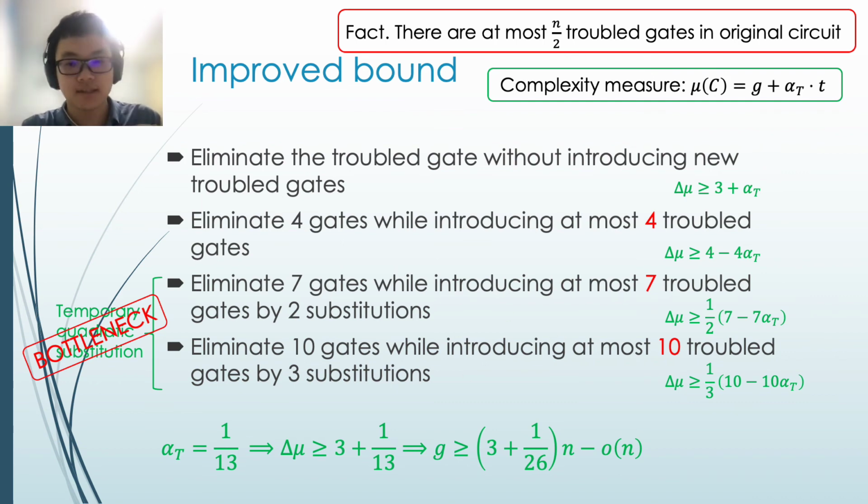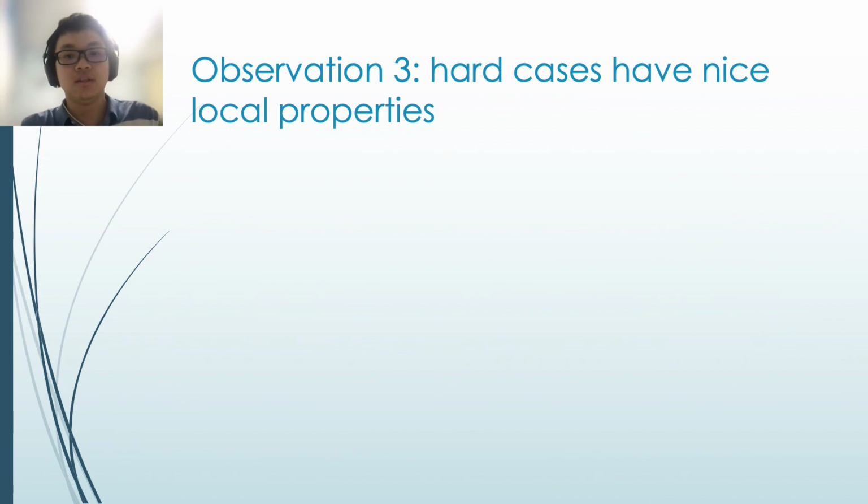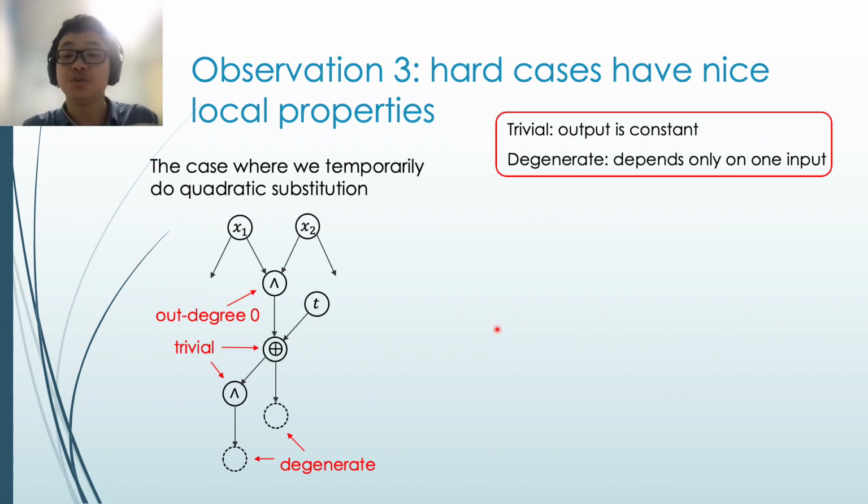These 2 bottleneck cases bring us to our final observation. In the bottleneck cases, the structure is so specific that we can further use their local properties to reduce the number of trouble gates introduced. For example, recall this case where we do temporary quadratic substitutions.